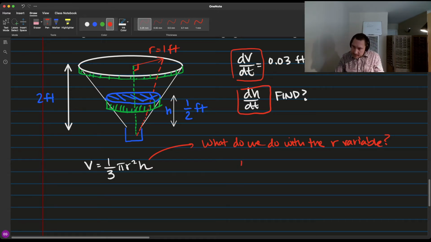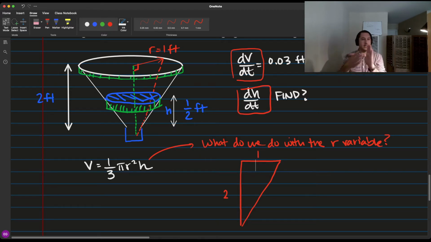So what you get is a big triangle that's 2 units high, because that's how tall the cone is. And on top it's 1, because the radius is 1 at the top.